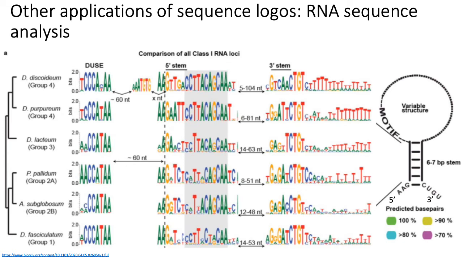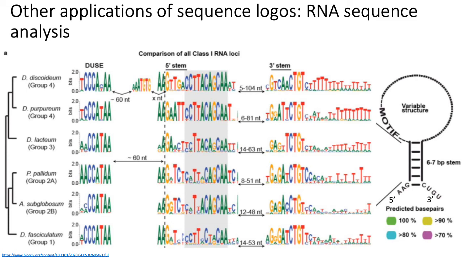Sequence logos are also used in terms of RNA sequence analysis, and so we'll talk a little bit about RNA secondary structure, for example, in the transcriptome lecture. But basically, sequence logos are oftentimes used to look at alignments of different RNAs so that you can then estimate, for example, how much entropy or information content there is for a given base in an RNA.